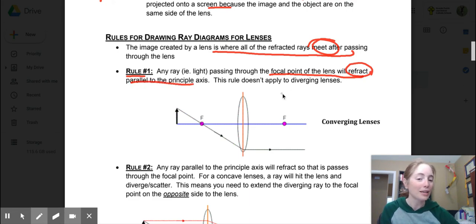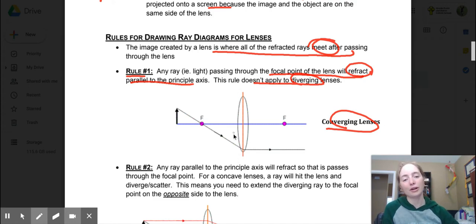Now, this one only applies to a converging lens. It does not apply to a diverging lens. Okay, so here is our converging lens. The arrow is your object.